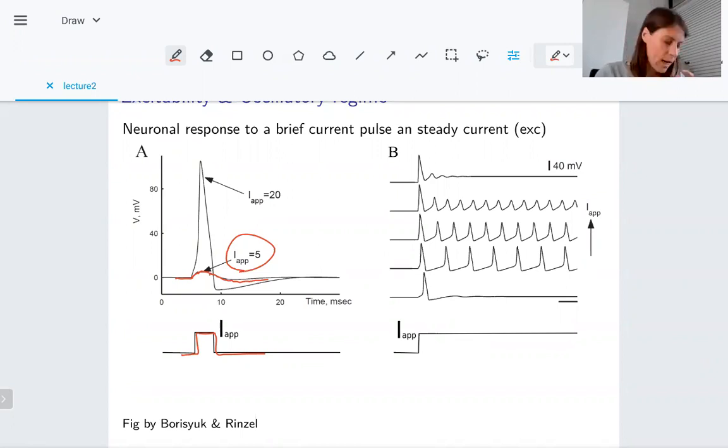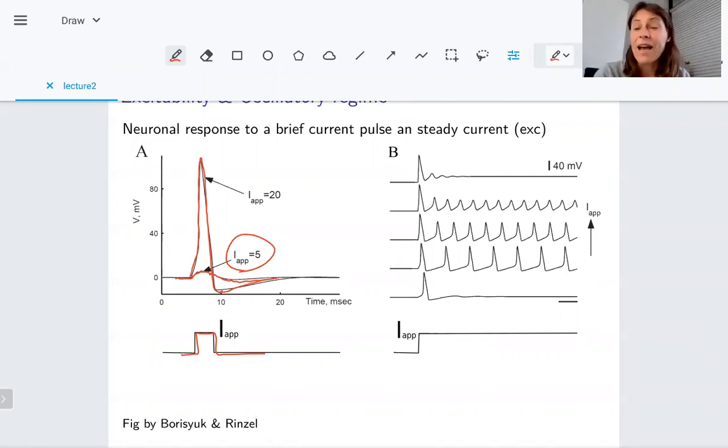What happens now if we increase the strength of this applied current? What happens now is that the system also goes back to the resting state, but before it performs a long excursion in the phase space, and we have this huge change in the voltage, rapid change in the voltage, which is actually the action potential, before it relaxes back to the resting state, to the equilibrium point.